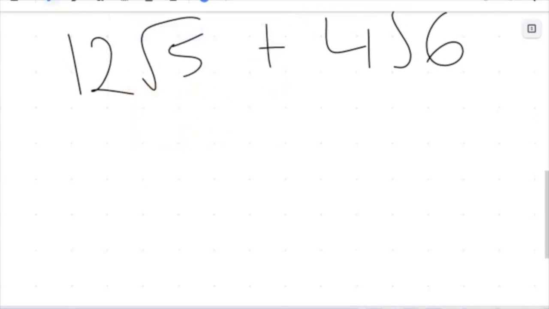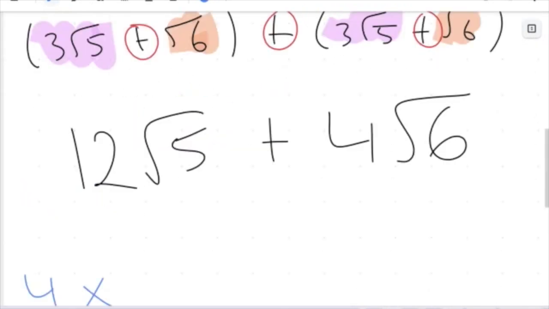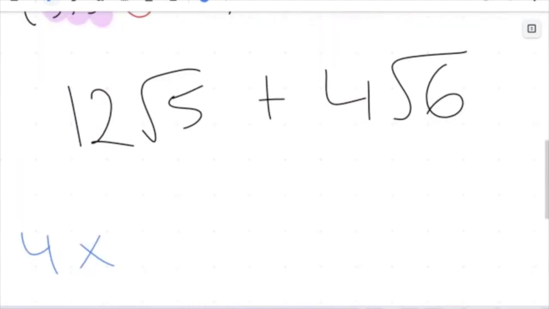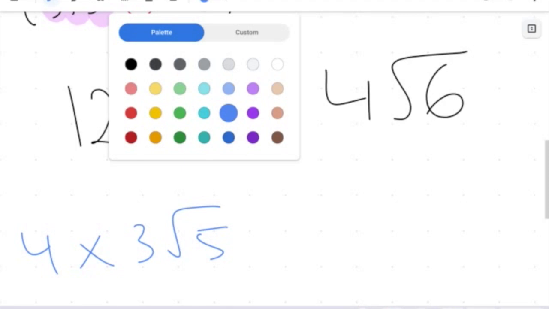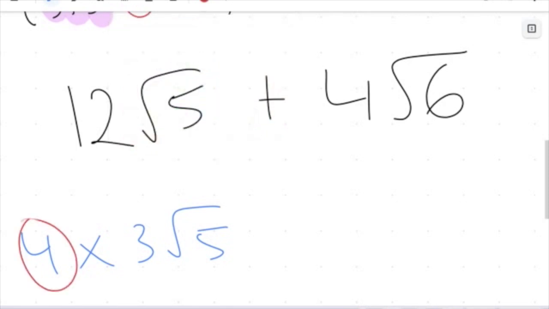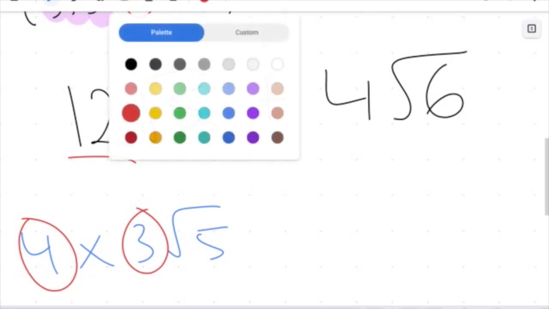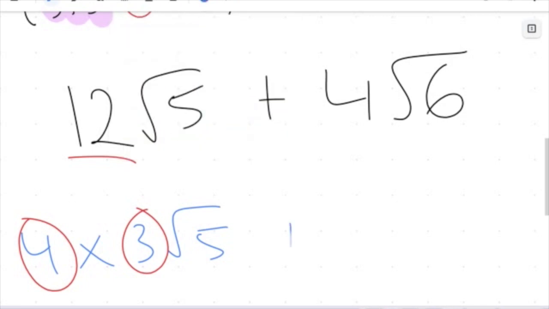Well, 4 times 3 root 5, these outside numbers are going to multiply, giving me 12. And my 4 times root 6, well, my 4 is just going to multiply by the root 6.